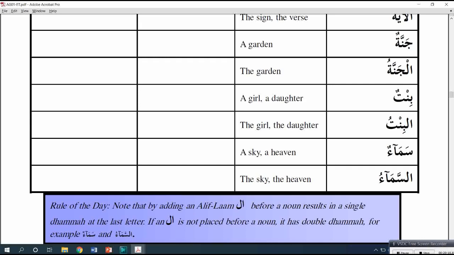As-sama'u, if alif lam is added, it becomes long, as you memorized in the previous chapter. But if alif lam is not there, then it will be short, sama'un.